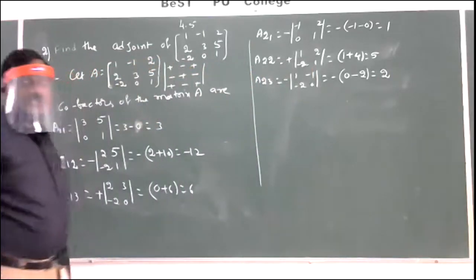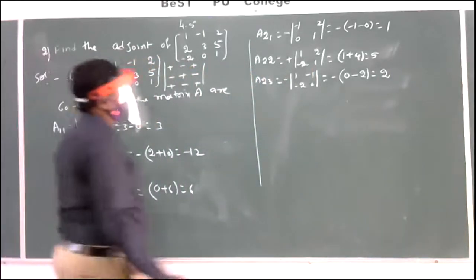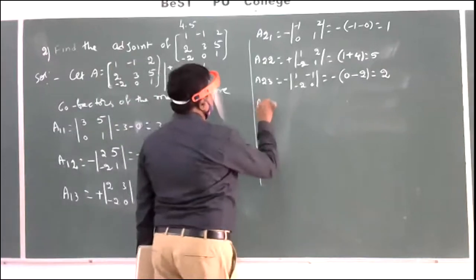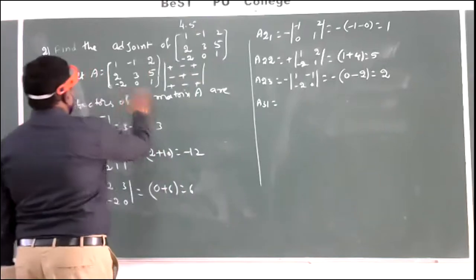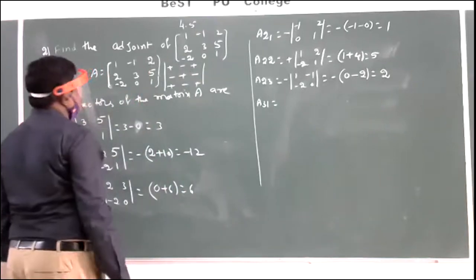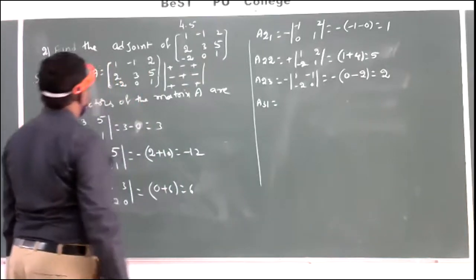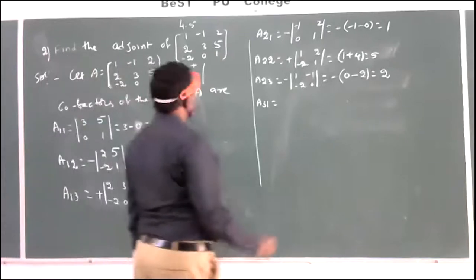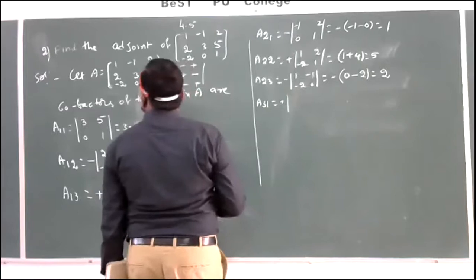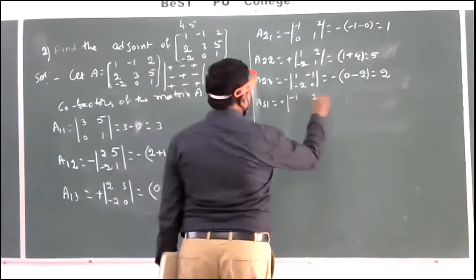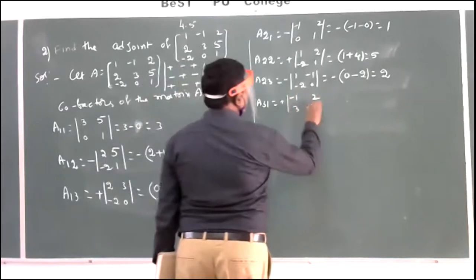Second row is completed. Next take the third row. A31, leaving the first column and third row, then the remaining elements; A31 means plus, we get here [minus 1, 2; 3, 5].